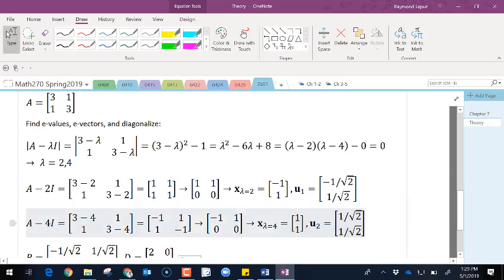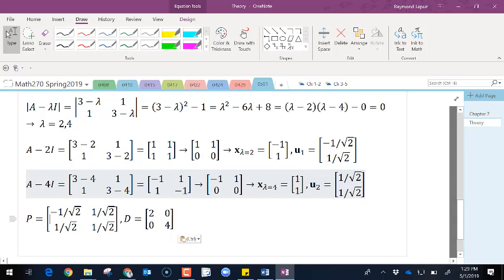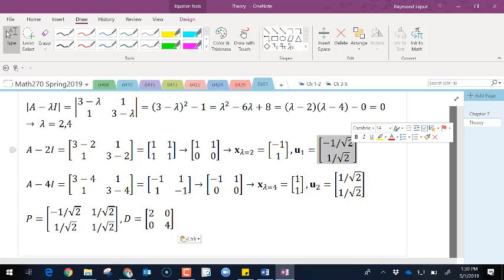Again, we normalize that, so that's 1 over root 2, 1 over root 2. And then you put that in a matrix, and this is your P, and your diagonal is 2, 4. And you just have to make sure that if the first entry in your diagonal is 2, then the first column in your P matrix is the eigenvector for that eigenvalue.